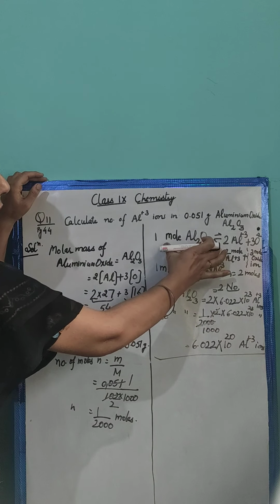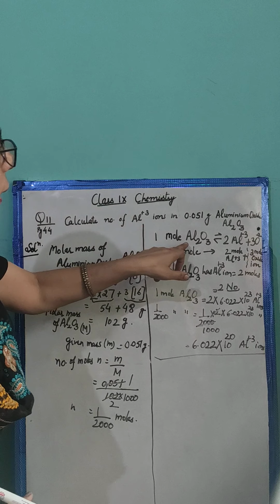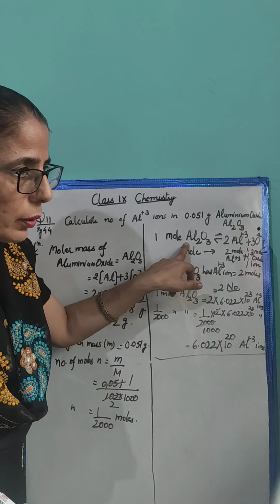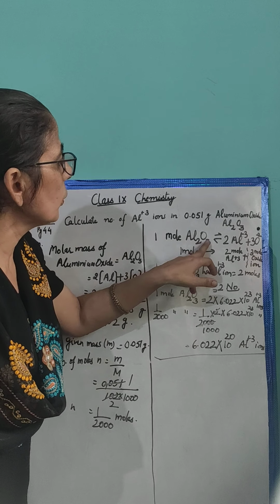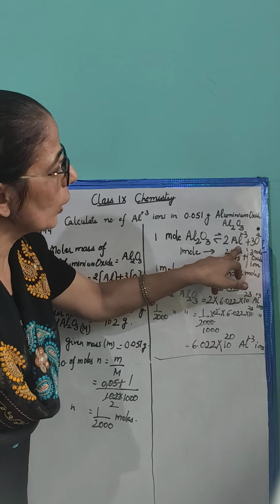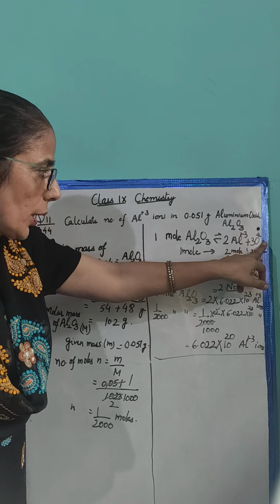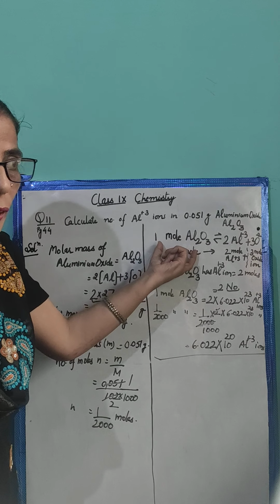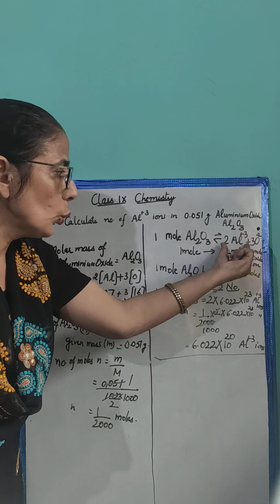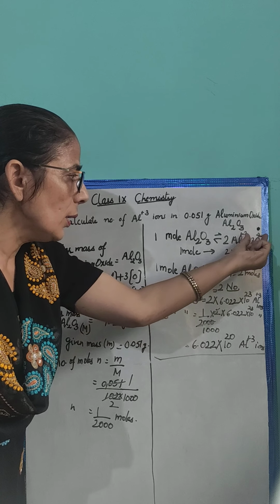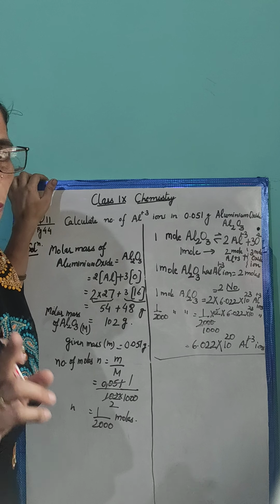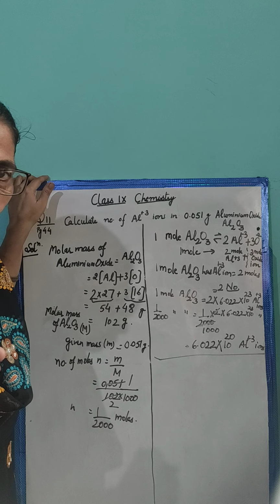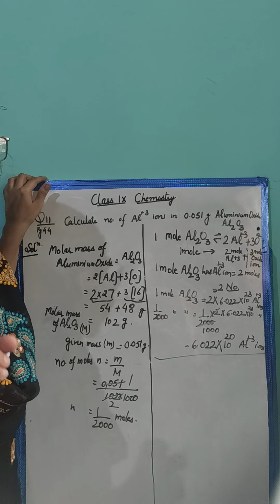This is the important thing you should know. Because we have to get the number of ions, when Al2O3 breaks up, it gives 2 aluminium ions and 3 oxide ions. If 1 mole breaks, it will give 2 moles of aluminium ion and 3 moles of oxide ion. Every mole contains a fixed number of particles, and what is that?